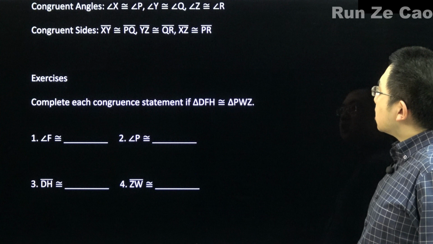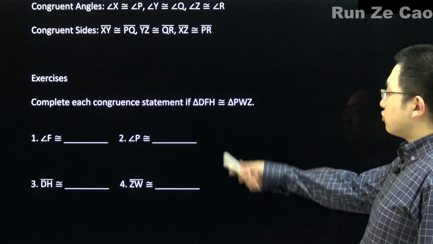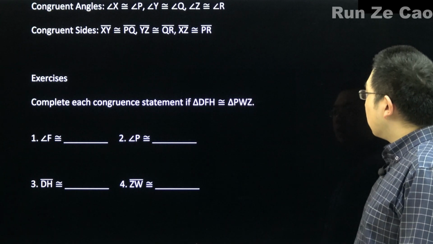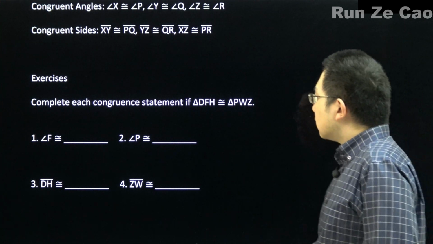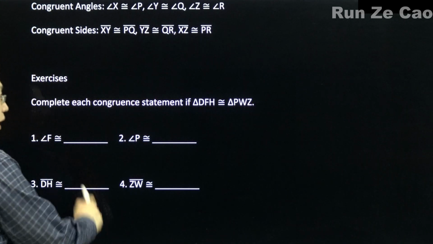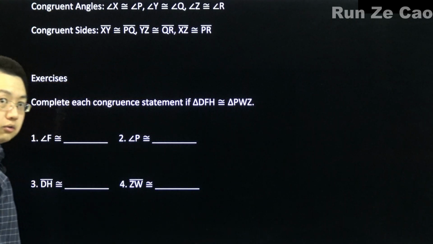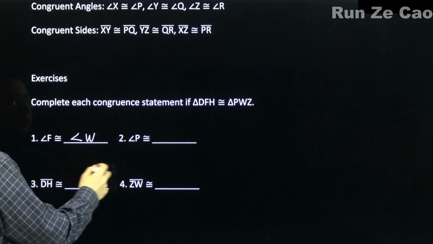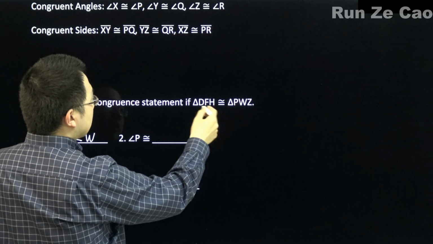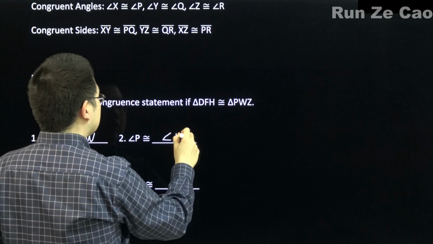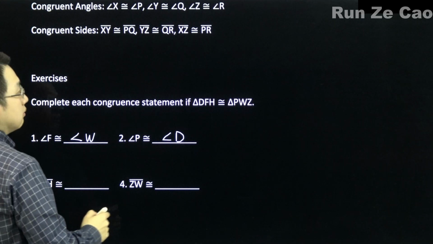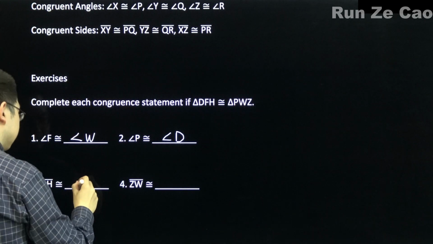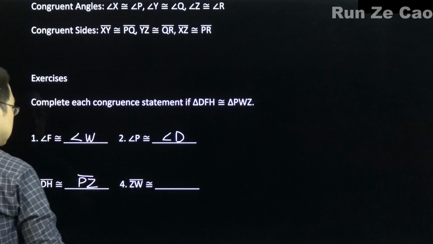Now let's complete each congruent statement if we have some arbitrary, so in other words, some random triangle, DFH, which is congruent to a triangle PWZ. So point F corresponds to point W. It's congruent to angle W. Point P corresponds to point D. This is congruent to angle D. DH, well, D and H are corresponding to P and Z. Therefore, DH is congruent to PZ.